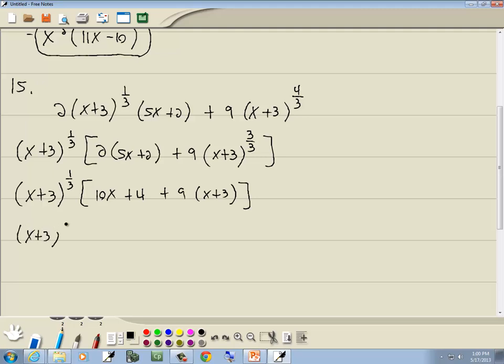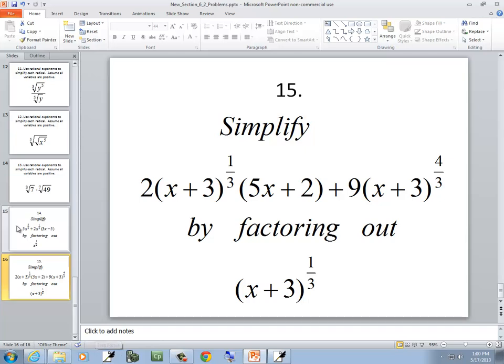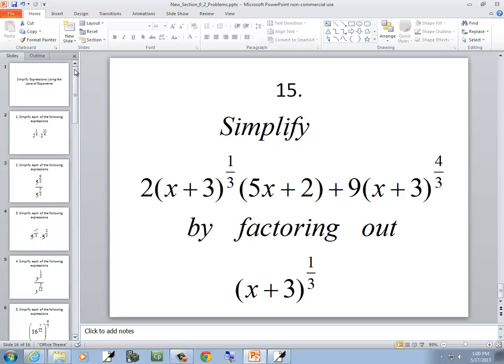So we've got x plus 3 to the 1/3 times 10x plus 4. 9 times x is 9x. 9 times 3 is 27. 10x plus 9x is 19x. 4 plus 27 is 31. And that would be our answer. And I believe that's the last problem. Yep. So go ahead and save this.